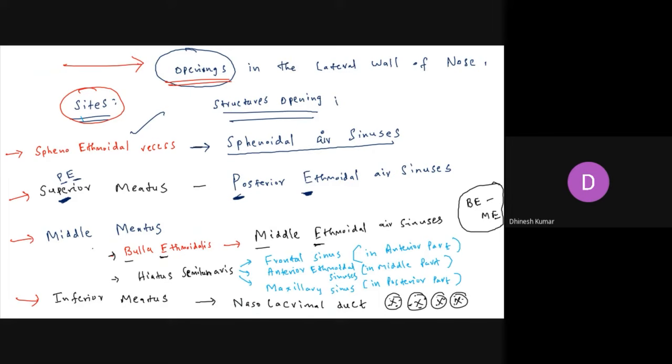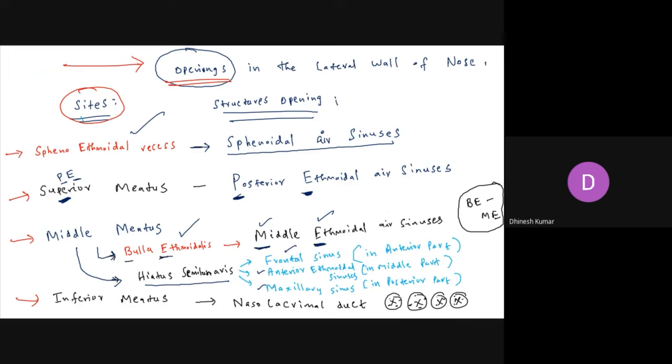Now coming to the middle meatus, I have told you already, it contains two important features. One is a rounded elevation called bulla ethmoidalis, BEME, produced by the opening of the middle ethmoidal air sinuses. Then just below the bulla ethmoidalis, we have the hiatus semilunaris, which receives the opening of all the remaining paranasal sinuses, namely frontal air sinus, anterior ethmoidal air sinus, and maxillary sinus.